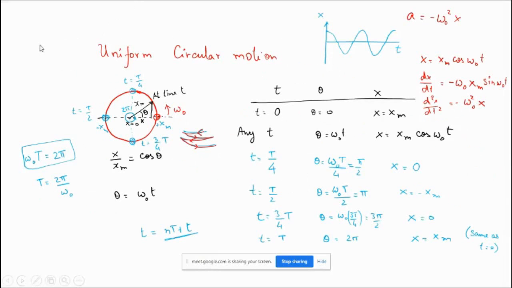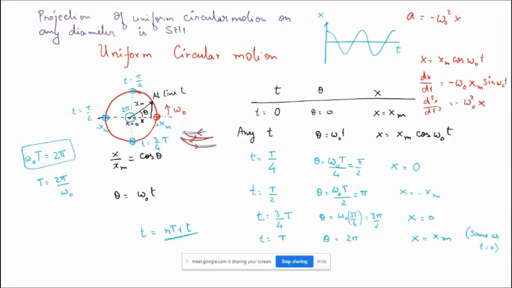That's why we have the statement: the projection of uniform circular motion on any one of the diameters is simple harmonic motion.